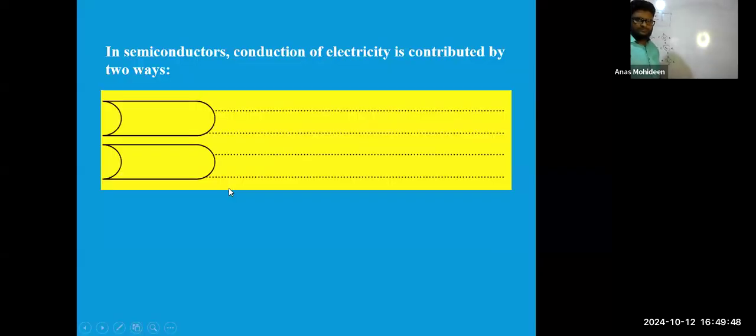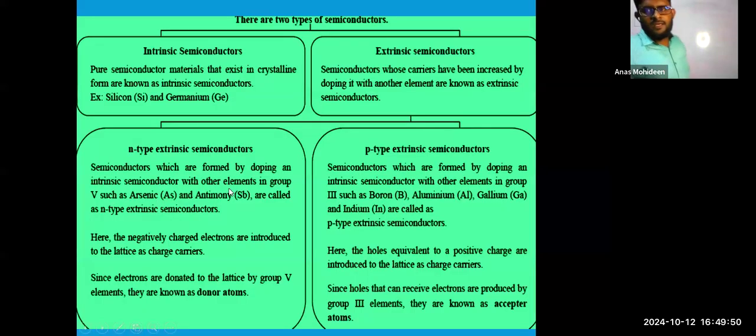So look at this now. Two types of semiconductors are there. What are the two types? One is called intrinsic, the other one is called extrinsic. Intrinsic semiconductors are the pure state of group 4 elements. Extrinsic semiconductors are when group 4 is doped with another element.